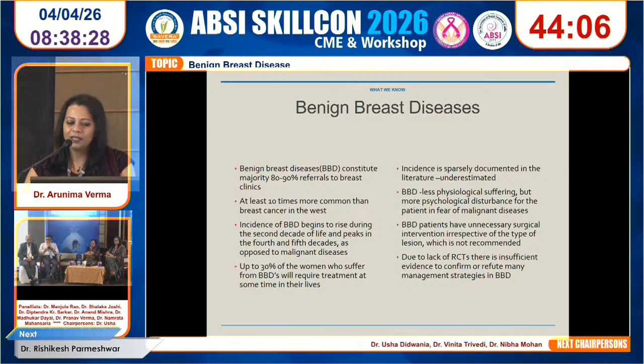Because of this, these women, who are around 30% of women, suffer from some kind of benign breast disease requiring treatment, and they are either overdiagnosed or underdiagnosed and have unnecessary surgical intervention, irrespective of the type of lesion, which is not recommended. Benign breast disease might not be a killing disease, but it causes a lot of psychological disturbance because the woman lives in fear of cancer.